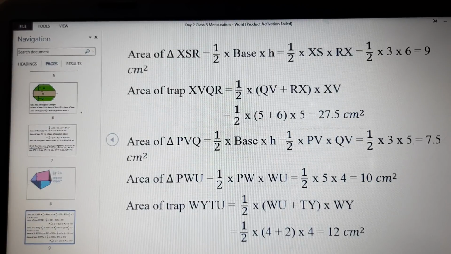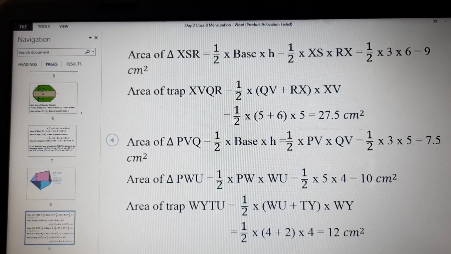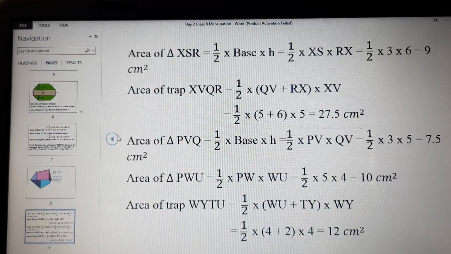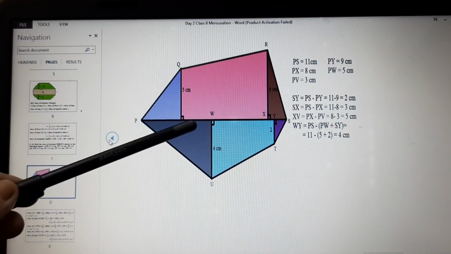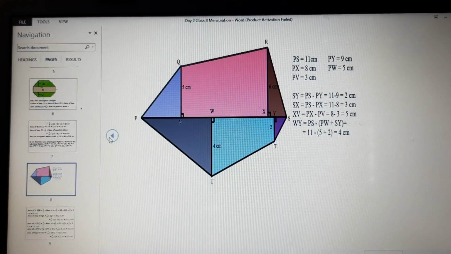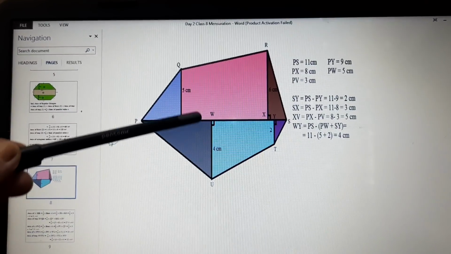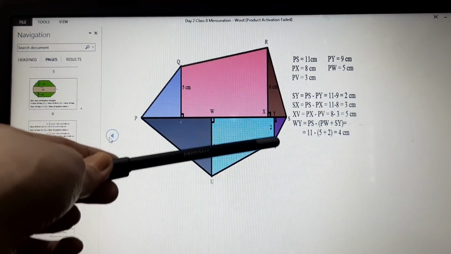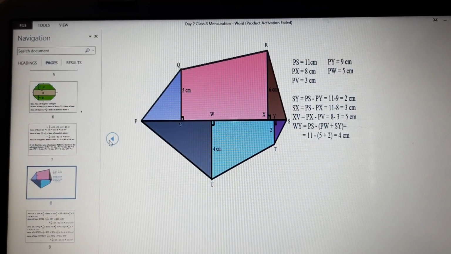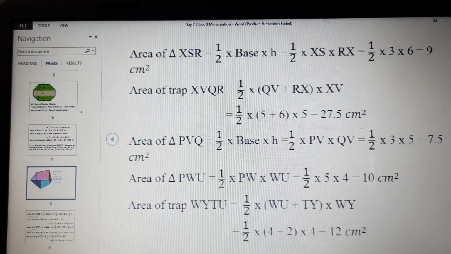Then the area of triangle PWU. The base is PW and the height is WU. PW was given as 5 and the height is given as 4. Are you getting it? And then the trapezium: 1 upon 2, sum of parallel sides 4 plus 2, into the distance between them, WY, which we have calculated as 4 centimeter.